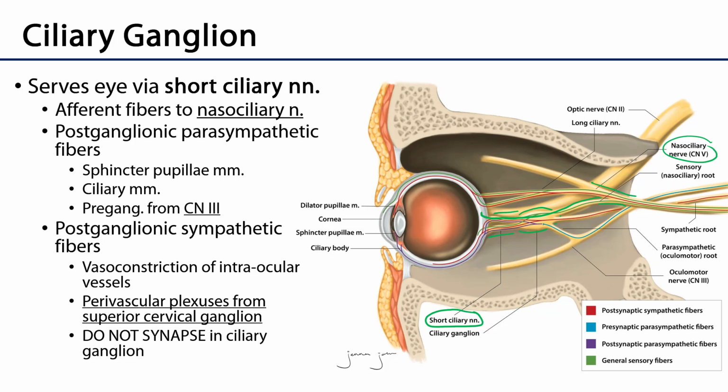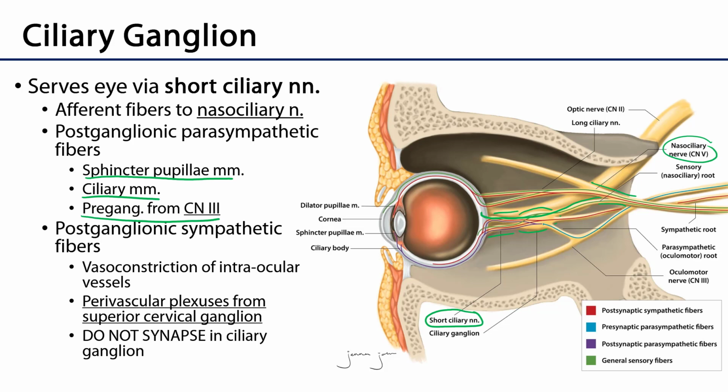There also will be postganglionic parasympathetic fibers, and those postganglionic parasympathetic fibers are going to serve the sphincter pupillae muscles and the ciliary muscles.